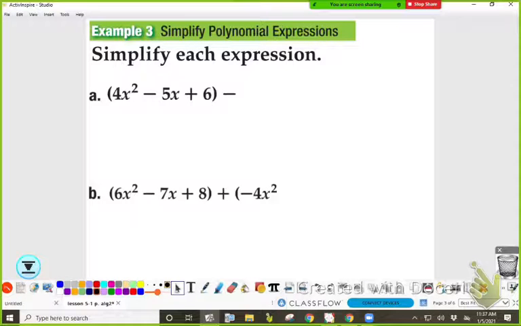Okay, now we're going to be adding and subtracting and multiplying polynomials. So go ahead and flip, you don't have to flip it over, it's at the bottom of that page. Go ahead and fill this in. 2x squared plus 3x minus 1, and that is in parentheses. The parentheses do matter.